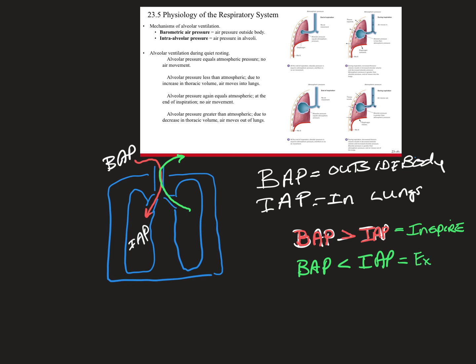Expiration. Okay. This is how you ventilate. When air moves into your body, it is because the thoracic cavity has gotten bigger and the pressure in the thoracic cavity has gotten lower.